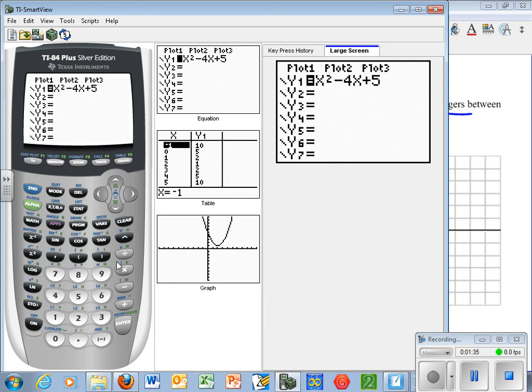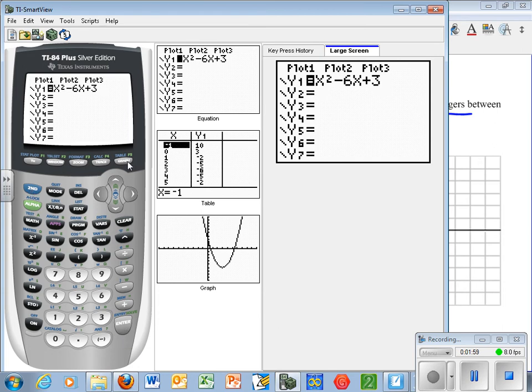So I have x squared minus 6x. So I'm going to just arrow over and type in a 6 there. And then I'm going to arrow over, and we want plus 3 instead. So x squared minus 6x plus 3.